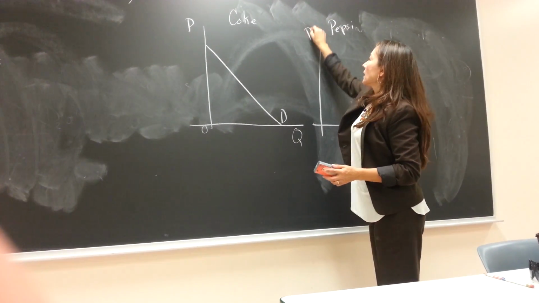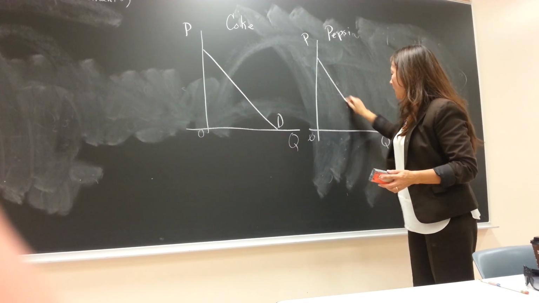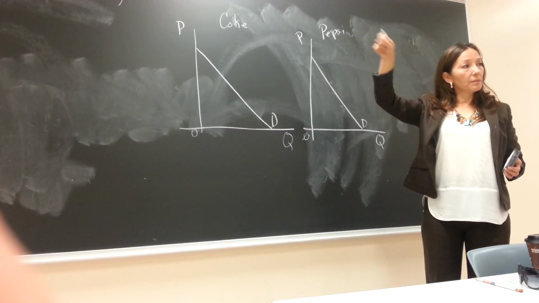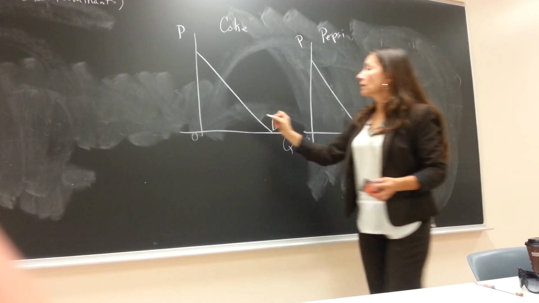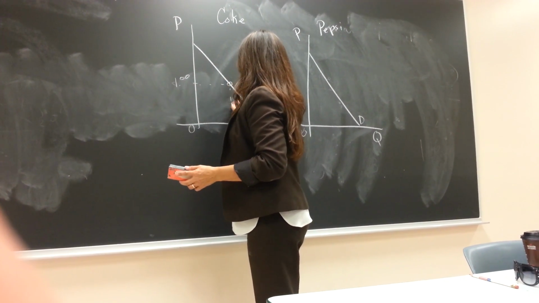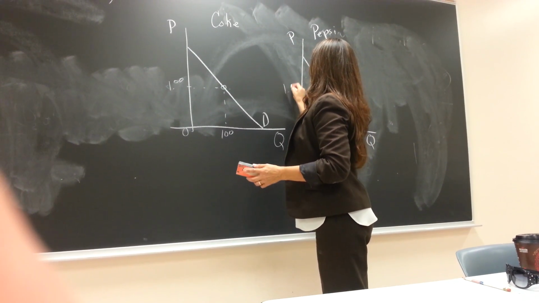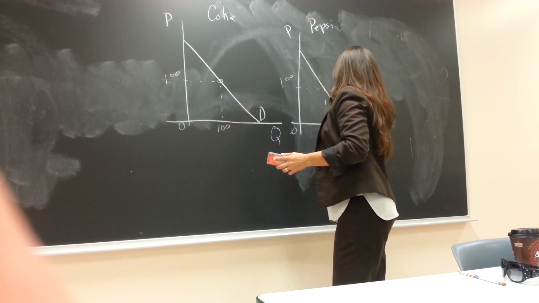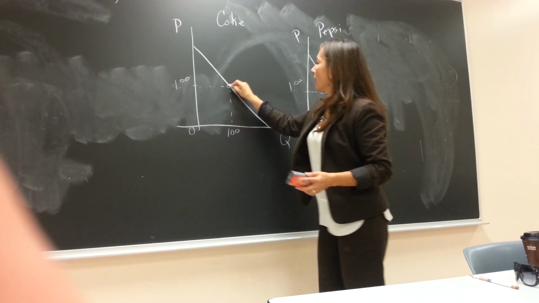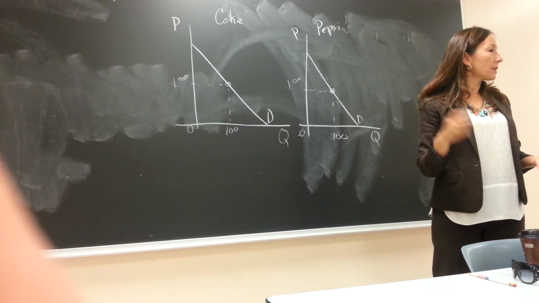So let's pretend that community college has a contract with both Coke and Pepsi, and both Coke and Pepsi provide refreshments in the machines outside. And each of them sells that product for $1, and they sell 100 cans a day. Okay. Now, you go out to the hallway, you don't care which one you go to, you probably go to whichever one is closest, it doesn't matter.